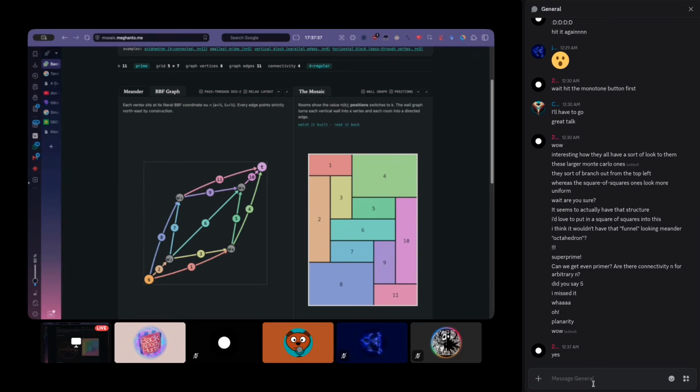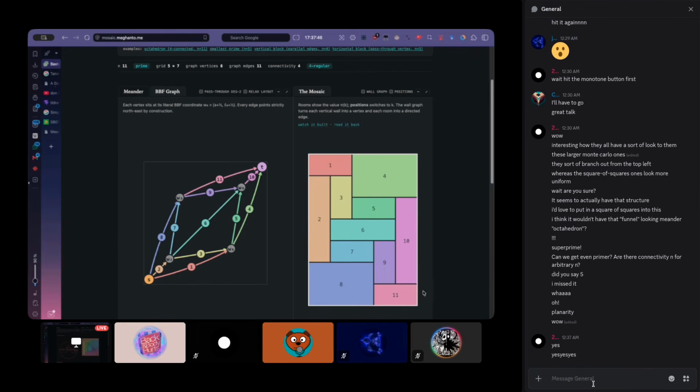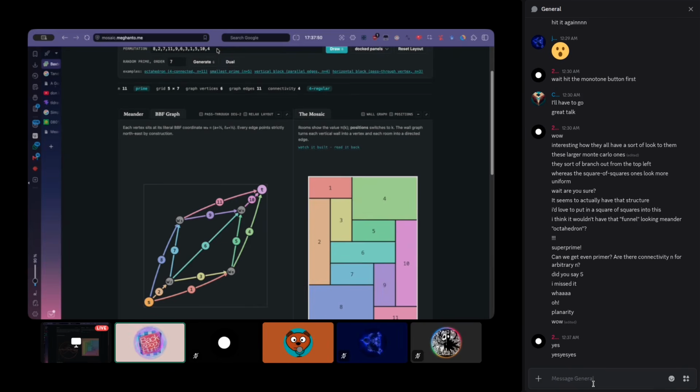Do you want to see the first 5-connected prime that I found? I'm guessing the answer is yes, so I'm going to paste it.